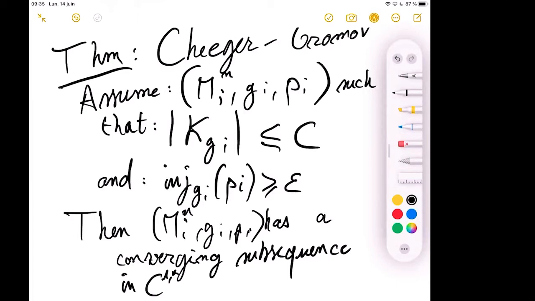And it's not even clear, since we have only C^{1,alpha} convergence, that the bound on the curvature will pass to the limit. So this might be, in some cases, not satisfying. If we would like more than C^1 convergence, we would need not only bounds on the curvature tensor, but also on its covariant derivatives.